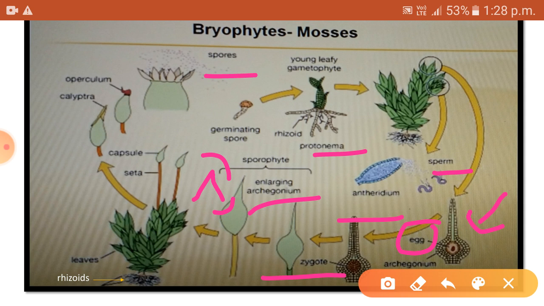It consists of a foot, seta and capsule. The foot of the capsule is covered by the leaf here, so you cannot see it in this picture. Spores are formed after meiosis. Elaters are absent in the capsule of the mosses.